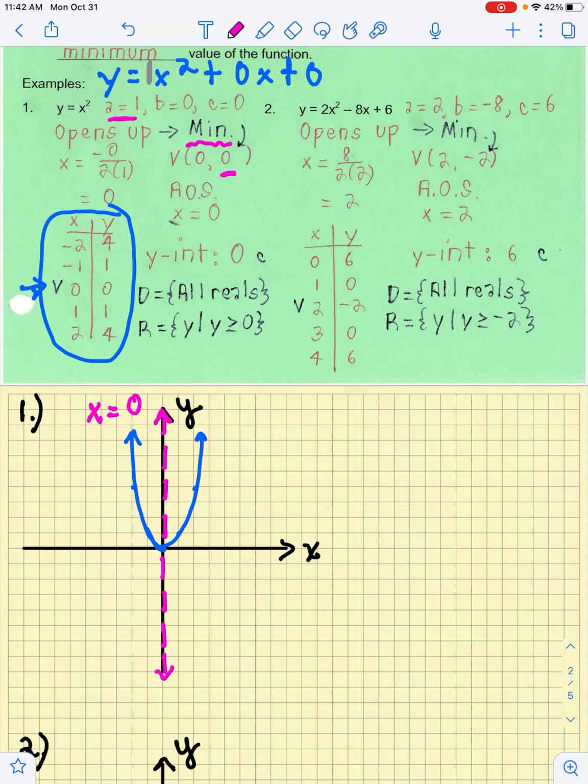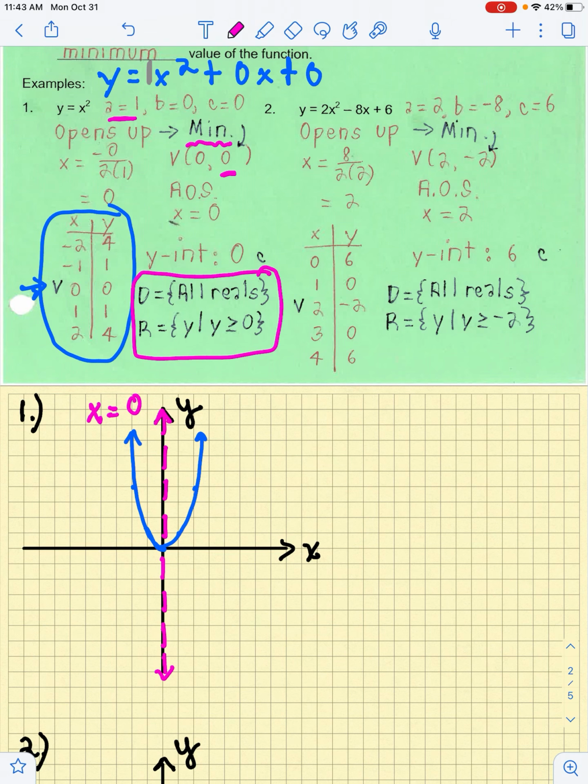We can see the y-intercept of our graph is indeed c, or 0, which is the ordered pair 0, 0. And as far as domain and range, we can see this above here. The domain would be all reals, and the range would be y greater than or equal to 0, since the entire parabola starts at its vertex, where y is 0, and opens up, which includes all y values above 0.